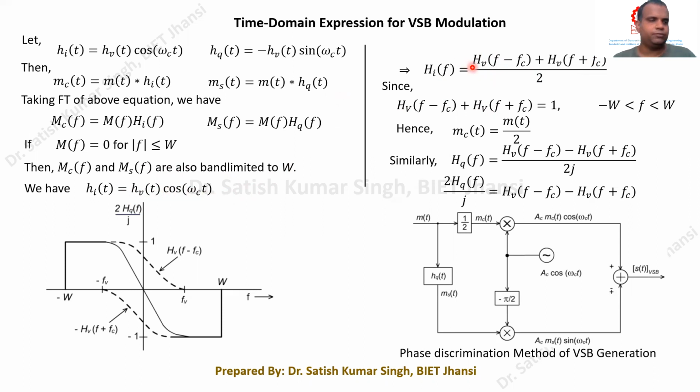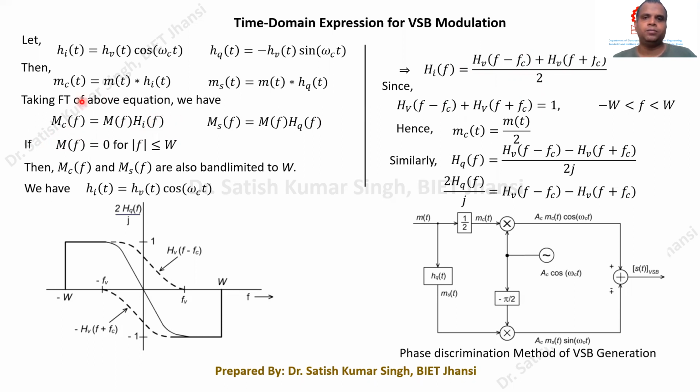As we have already defined, H_ν(f − f_c) plus H_ν(f + f_c) should be equal to 1 in the frequency range minus W to plus W. If you substitute this value of 1 into the equation, we get H_I(f) equals 1/2. Substituting H_I(f) equals 1/2 into the equation of M_c(f), M_c(f) equals M(f) multiplied with H_I(f), which is 1/2.